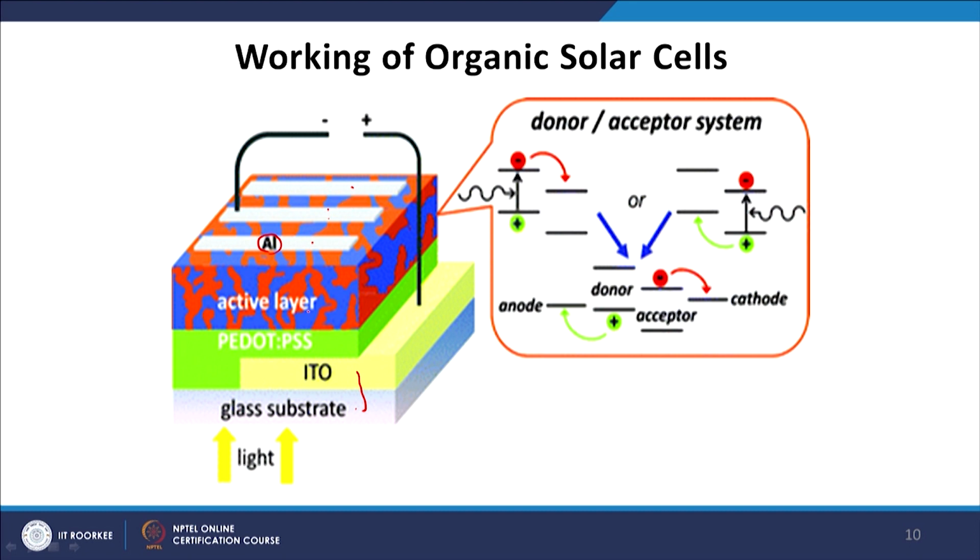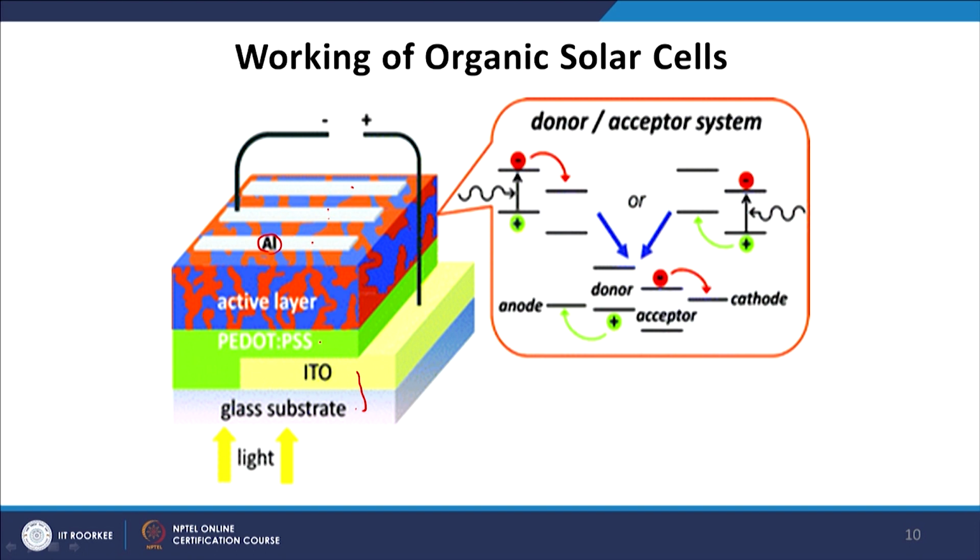In between there is an active layer, and we can use a hole blocking layer or electron blocking layer, like we are using PEDOT:PSS, which is again a polymer whose hole mobility is very high. It actually stops one kind of charge carrier over the other, and another thing PEDOT:PSS does here is that it helps to wet the surface, so that the film on this substrate becomes very uniform.